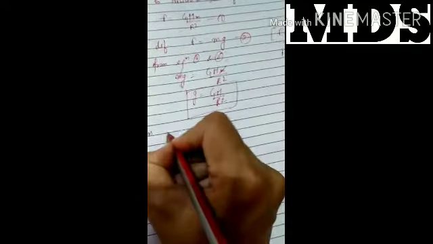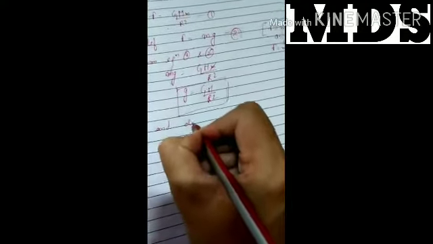Now next, mass and density of the earth. How can we find them? As we know, g = G M / R², where R is the radius of the earth.